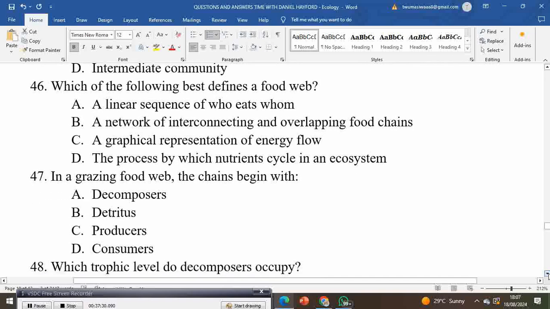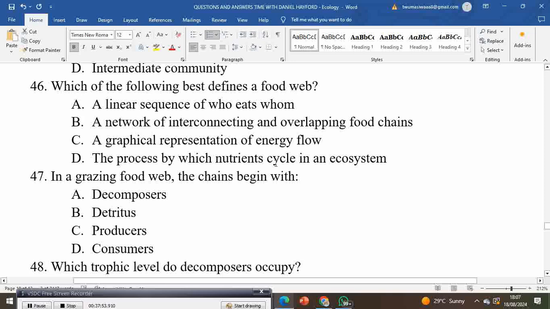Now, question number 46. Which of the following best defines a food web? A, a linear sequence of who eats whom. B, a network of interconnecting and overlapping food chains. C, graphical representation of energy flow.